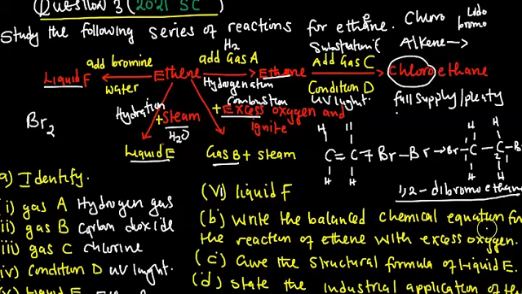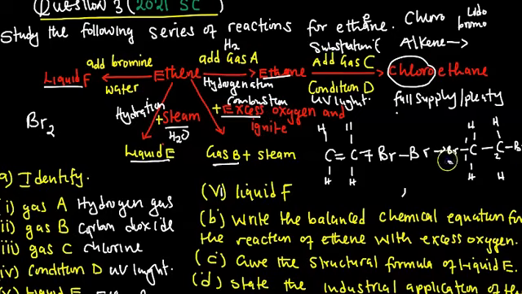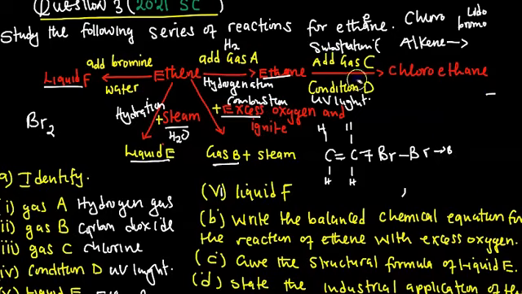Okay, up to the next question, that is B. Write the balanced chemical equation for the reaction of ethene with excess oxygen. In short, they are asking us to write the combustion reaction.